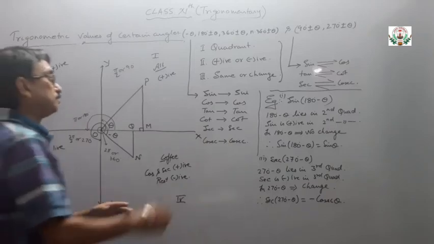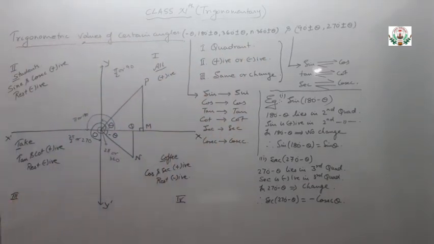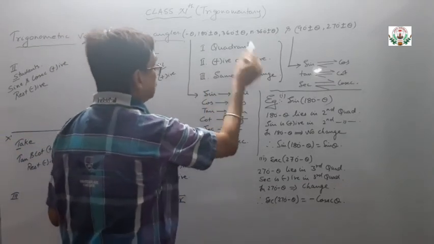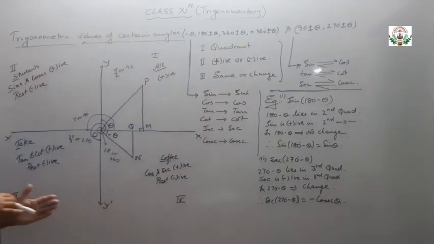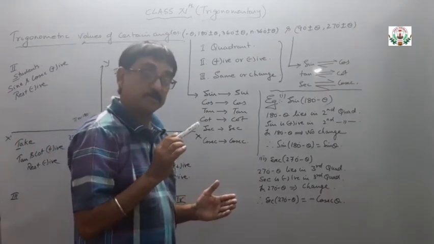First we have to check the quadrant, and in that particular quadrant we have to check whether that particular trigonometrical ratio is positive or negative, and then whether in that case the trigonometrical ratio is changing or remaining the same.